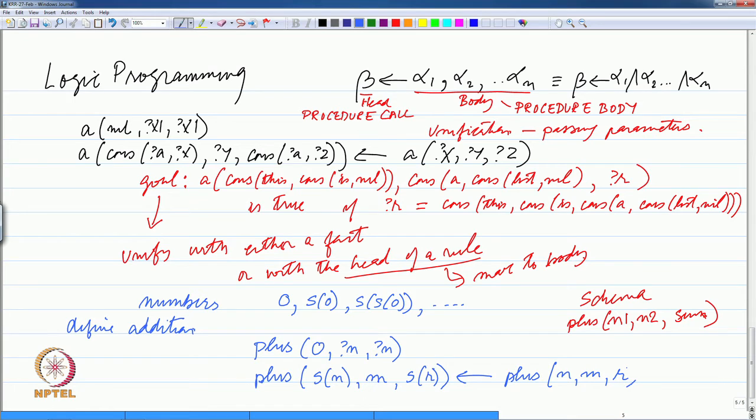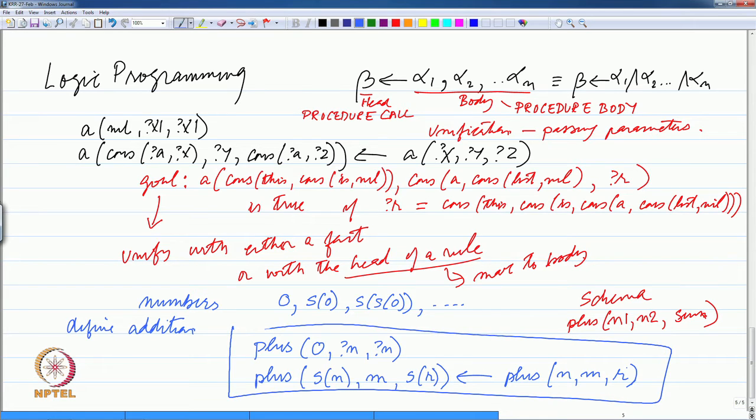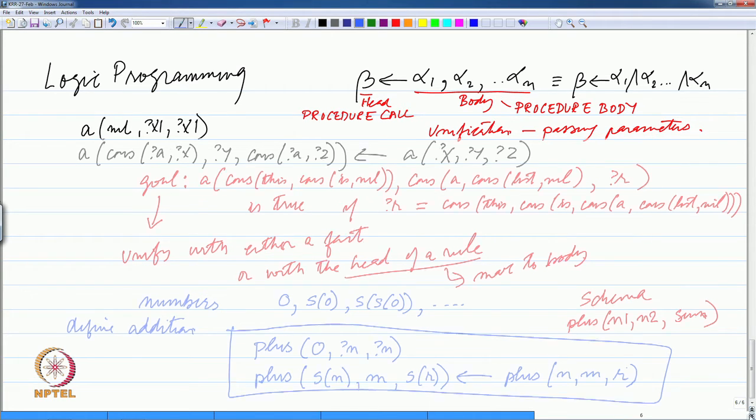If you read it in our original logical notation, then you should read it from right to left. You are saying that for all n, for all m, for all r, if plus n m r is true, then plus successor of n with m giving successor of r is also true. So, this is a program for adding two numbers. Let us see how this works.